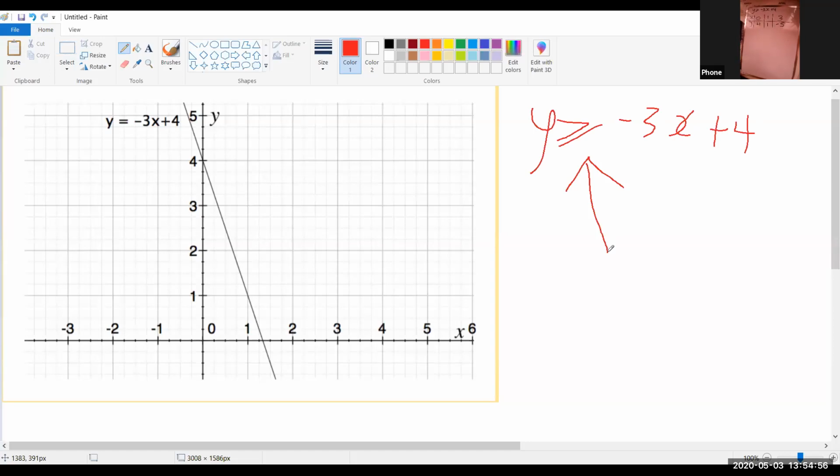Now, I told you all, instead of doing the testing method, you can do an easier method where you just draw a horizontal line through the graph. The graph is the black line there. And the side that has the obtuse angle is the greater than region. The obtuse angle is on this side here, right?